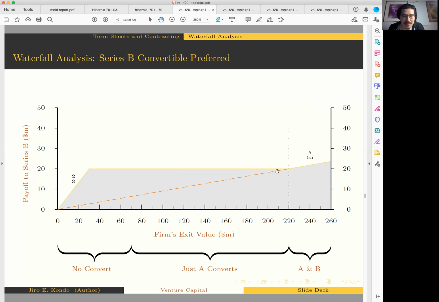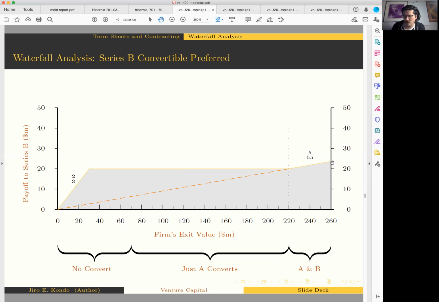Yes? Then what happens at 220? They now have 5 out of 55 million, and they just get that slope. This actually looks a lot like a one round convertible preferred, right? And this is it. This is the payoff diagram for Series B.